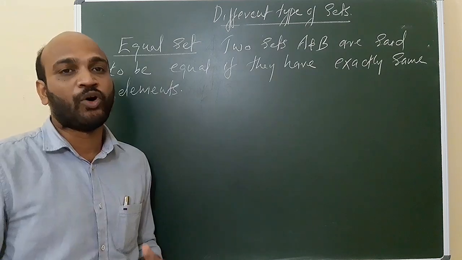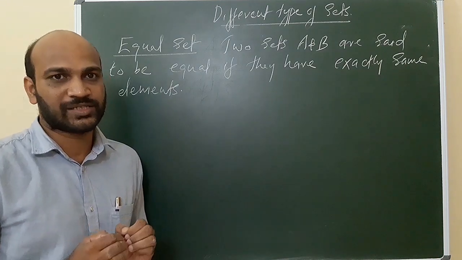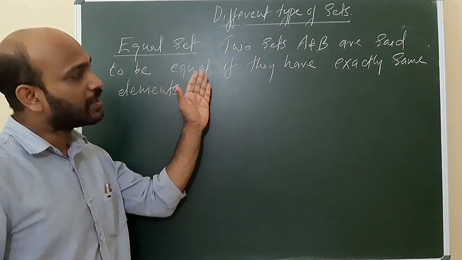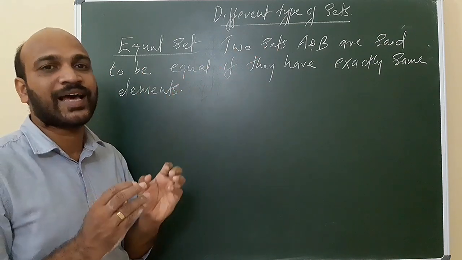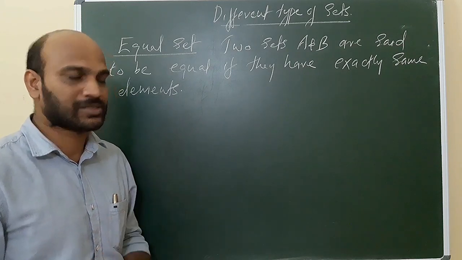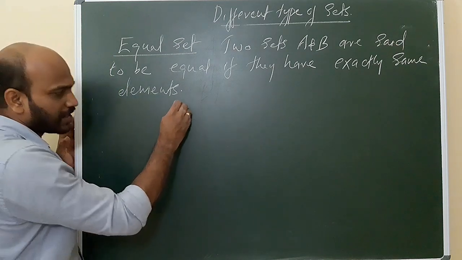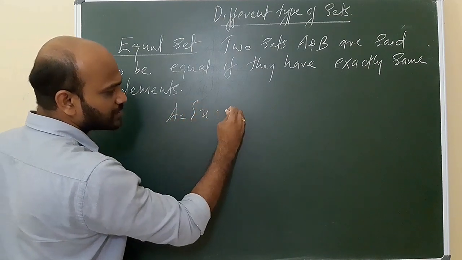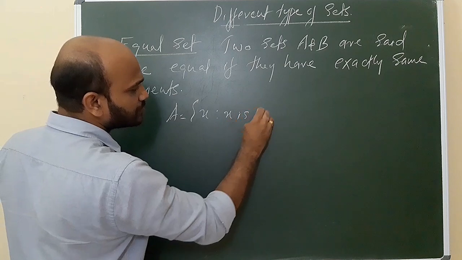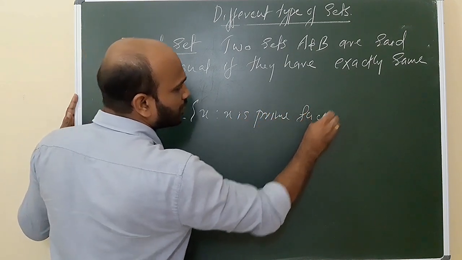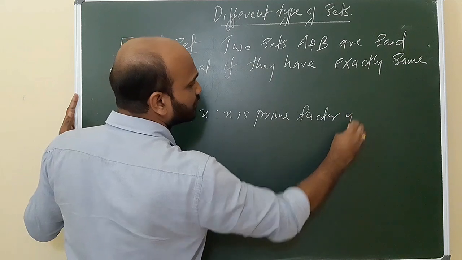Okay. Now the fourth type, that is equal sets. Two sets A and B are said to be equal if they have exactly the same elements. For example, consider one set A. A equal to the set of all x such that x is a prime factor of 6.